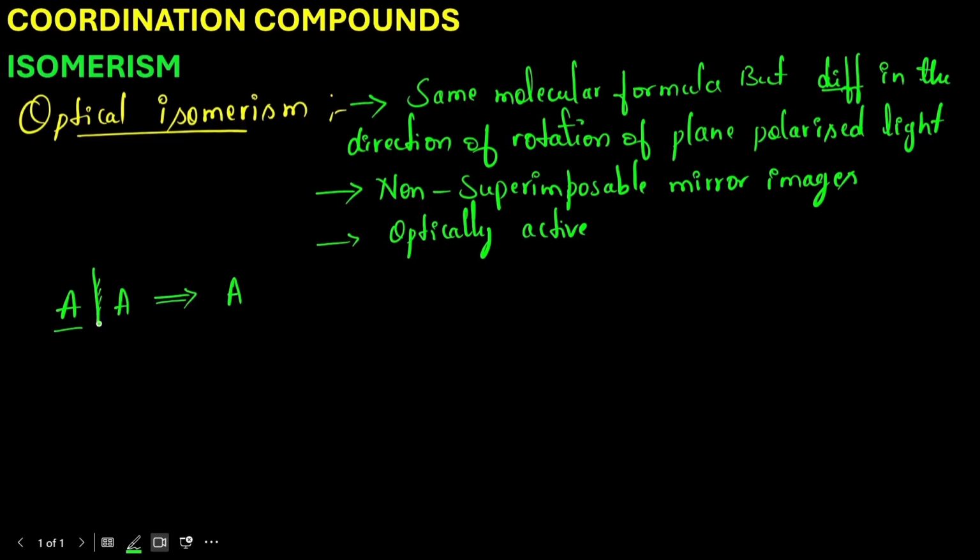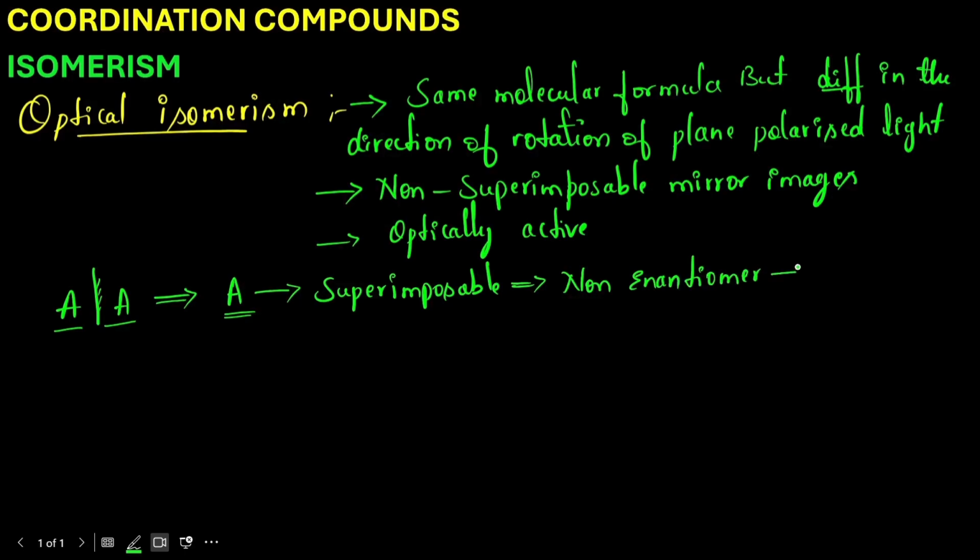If you place both A on top of each other, it is resulting to give A. That means it is superimposable. So this is a superimposable mirror image, which is called non-enantiomer, which is optically inactive. Here non-superimposable mirror images are called enantiomers.